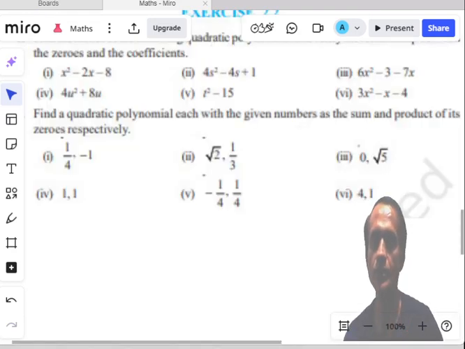So now let us solve one more question. Here we are asked to find the quadratic polynomial, and we are given the sum and product of its zeros. So let us take this question, subsection 2.